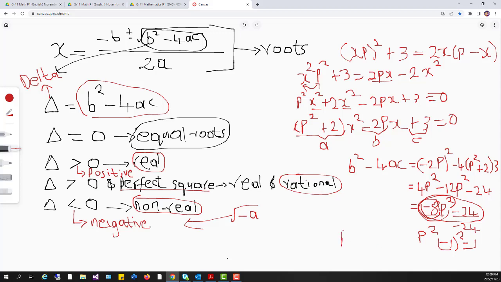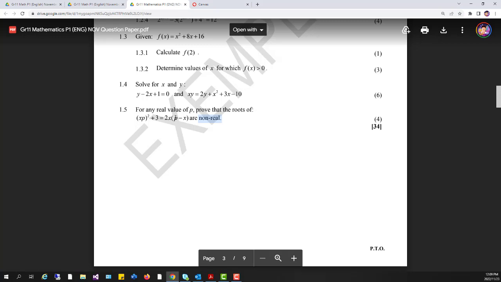So p should then be an element of all real numbers, meaning from minus infinity to positive infinity. All right, so we've answered that.